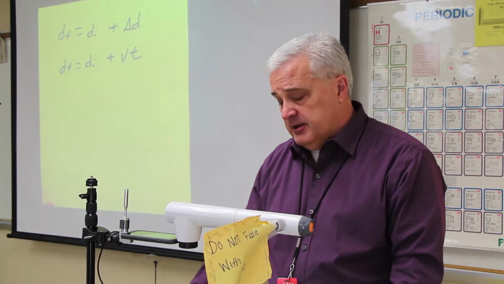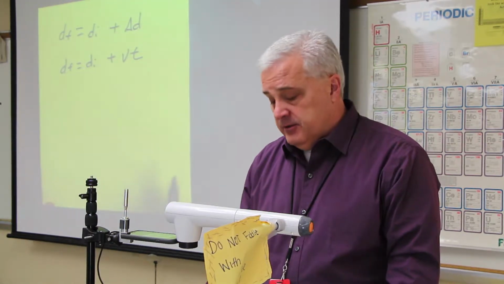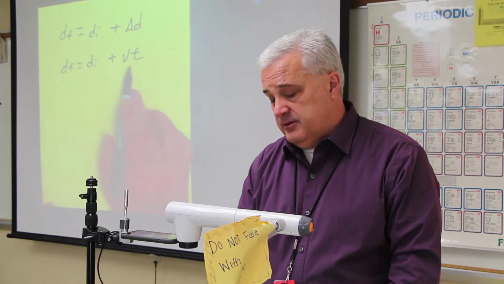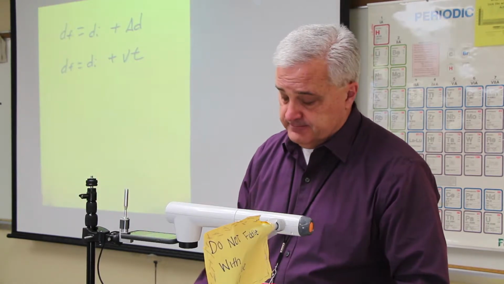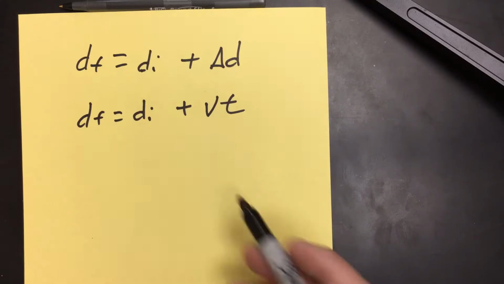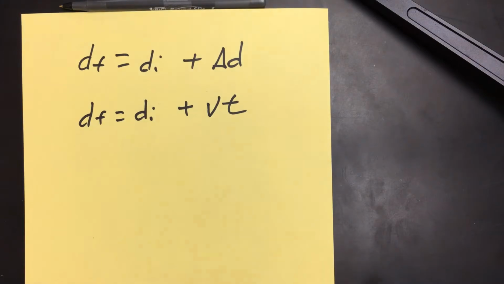It is at the starting line, and then the final distance is 100, and we want to know how fast they were going. So 10 seconds later, they're going 10 meters per second. We can do those when the initial distance is 0. It's very simple. So let's do a couple of problems just to get things going.